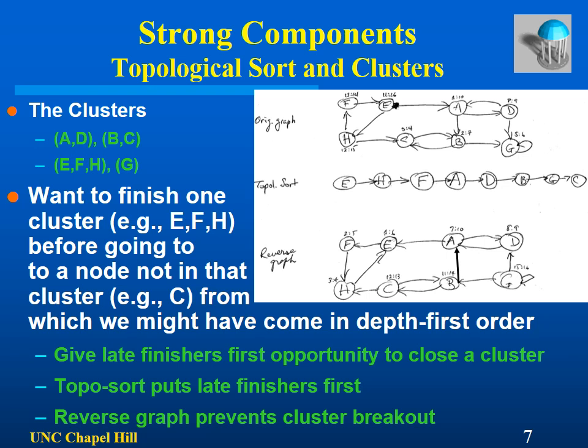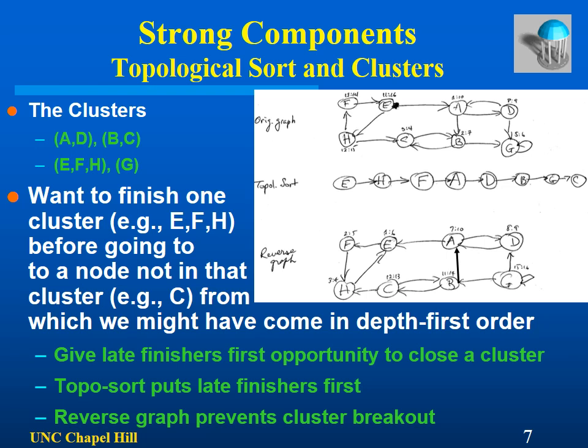Okay, so what we're going to do is do another depth first search on the reverse graph, but do it in TopoSort order. So we start with E. E in this second DFS starts at time 1. And then we go from it to F, which starts at time 2.